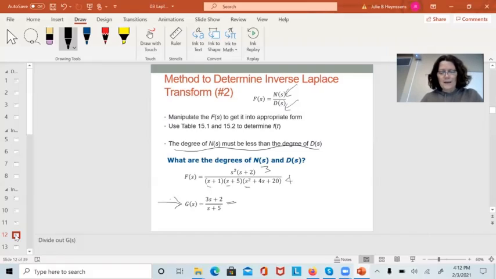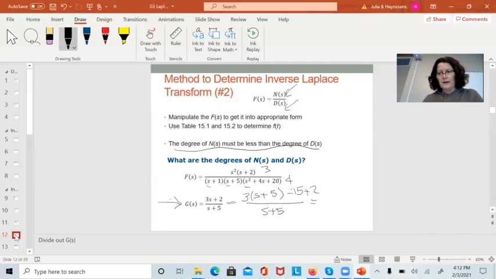And let's do this. What I need to do is take 3s plus 2, and I need to find some factor that includes s plus 5. So to take care of all the s's, I need to put a 3 out front. So this is 3s plus 15. I've added 15 to this expression. I have to subtract 15 plus 2 over s plus 5. Okay, so now I'm breaking it up into 2 fractions.